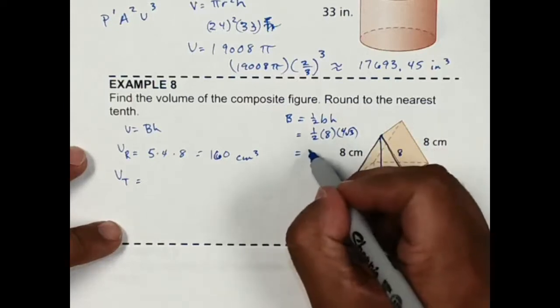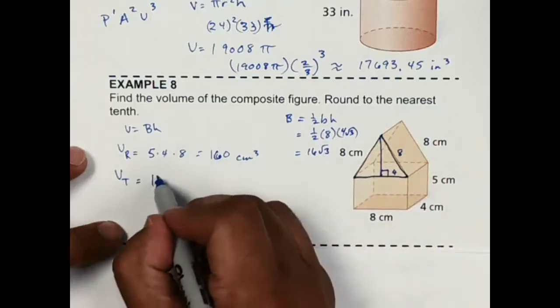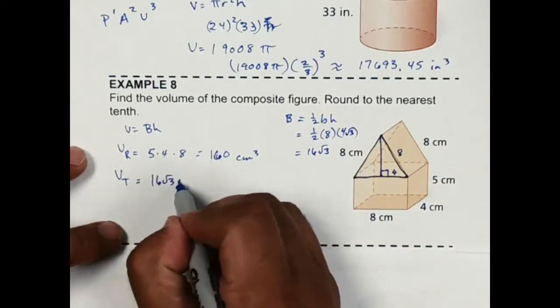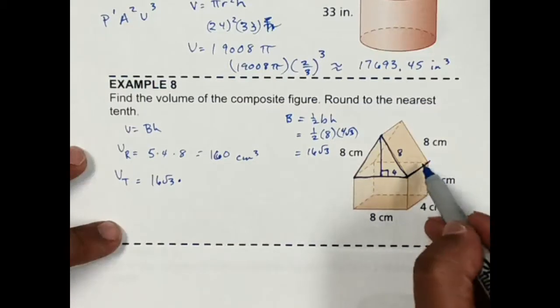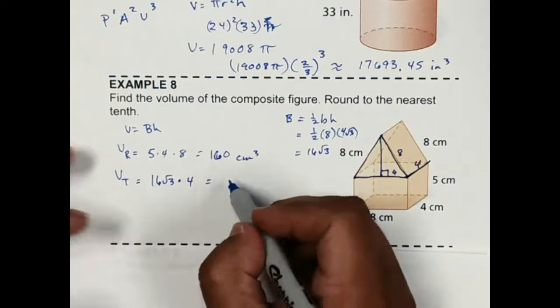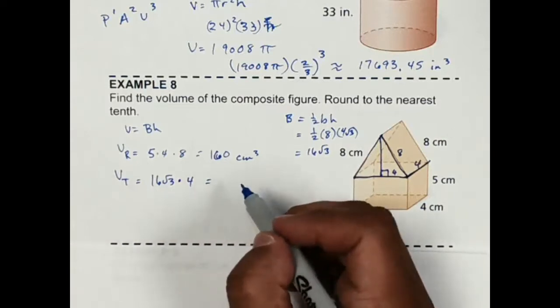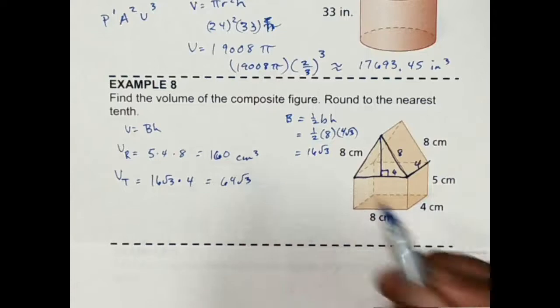So my base is going to be 16 square roots of 3 for this triangle here. So I have 16 square roots of 3 for my B times this length right here, my height of 4. So that comes out to be 64 square roots of 3.